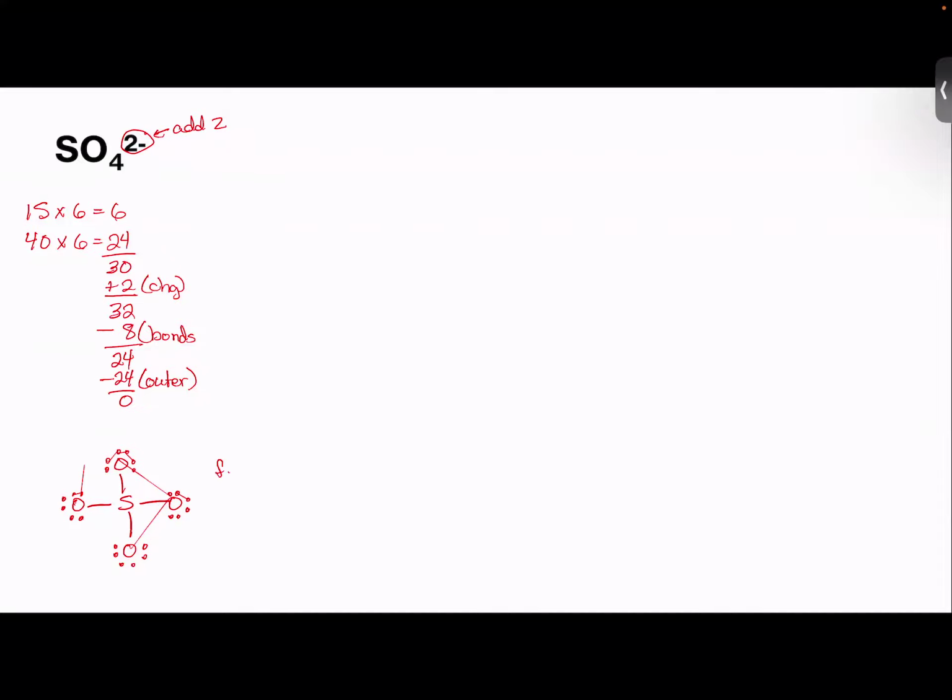The formal charge for the oxygens is going to be 6 valence electrons minus 1 for every lone electron, so that would be 6, plus 1 for every bond. So that's 1, meaning that the formal charge on those oxygens is minus 1.